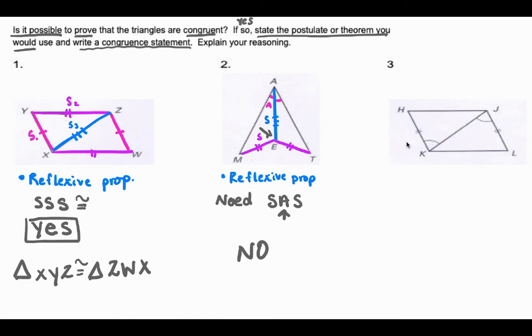This one is a no. So in order to do this one, let me fix that so you can actually read it. We need side, then the angle, then the side. This one has the angle followed by 2 sides instead of being included. So this angle is not included.